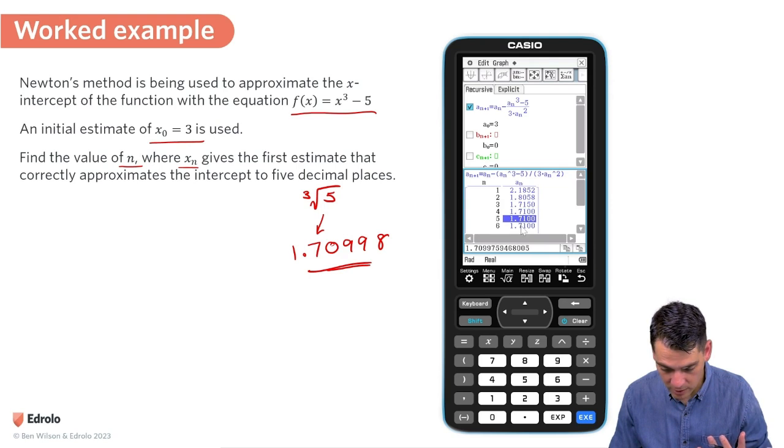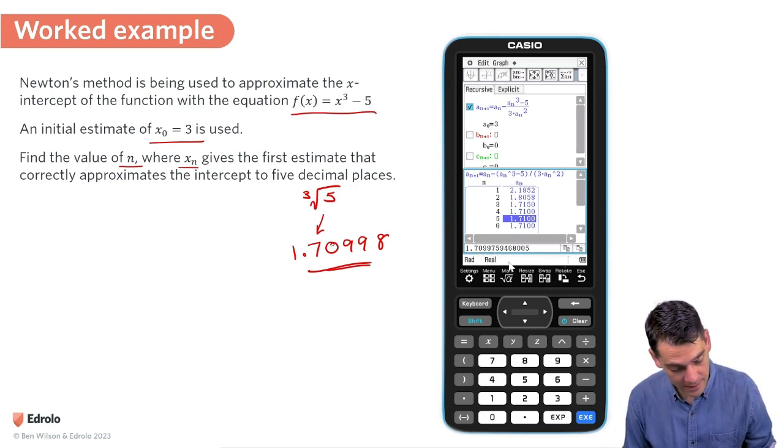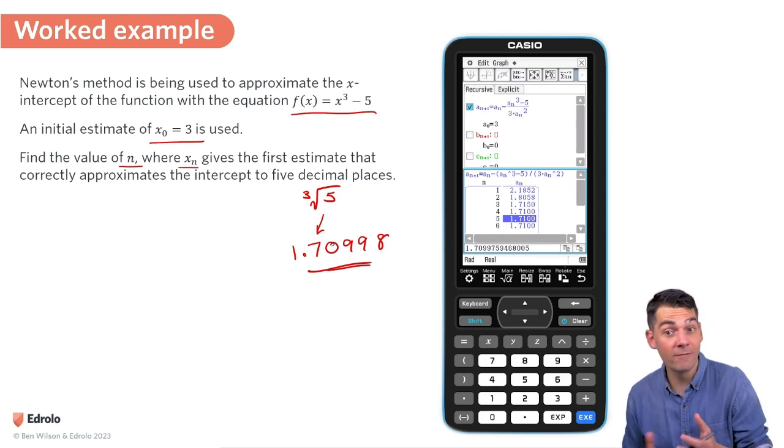So we need to go down to 1.70998. It looks like this one here. So the previous x4 gives me 1.70999. So x5 gives me 1.7099975, which would correctly round to 5 decimal places. So the answer to the question is that n equals 5.